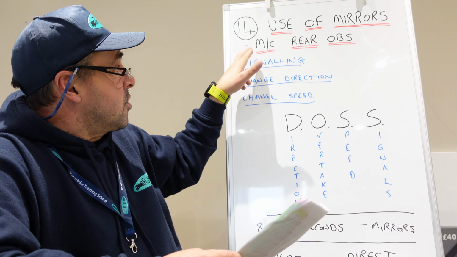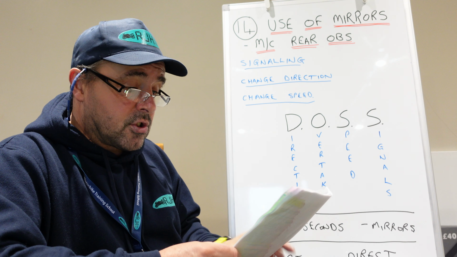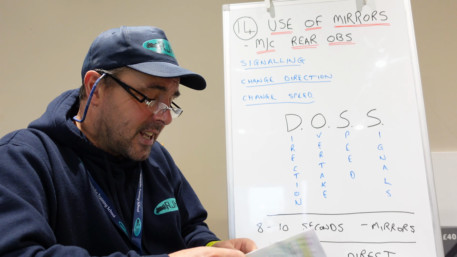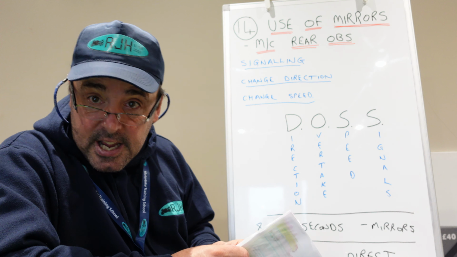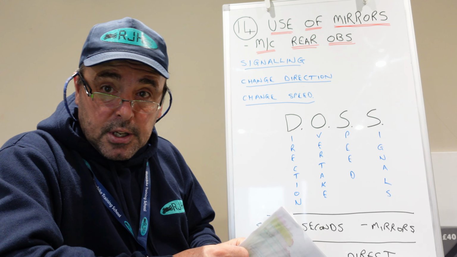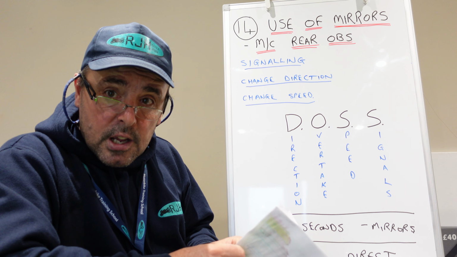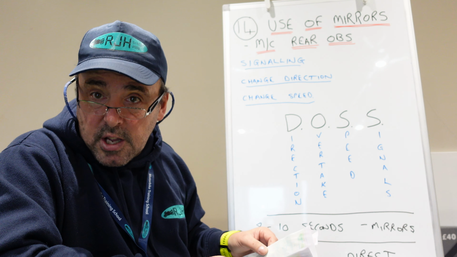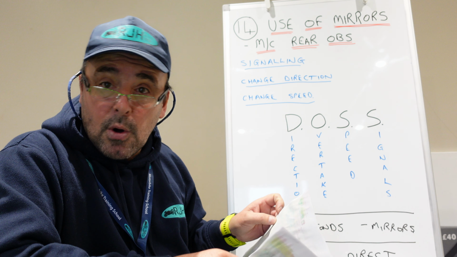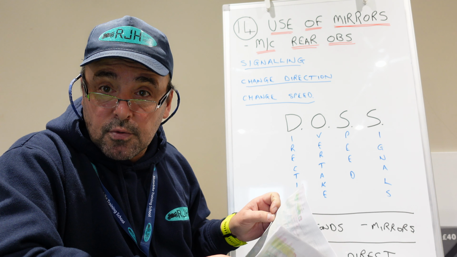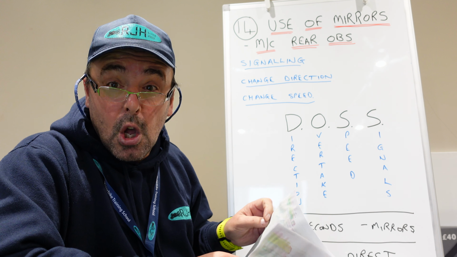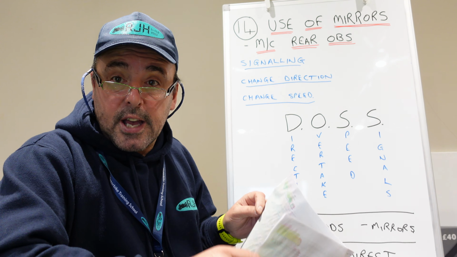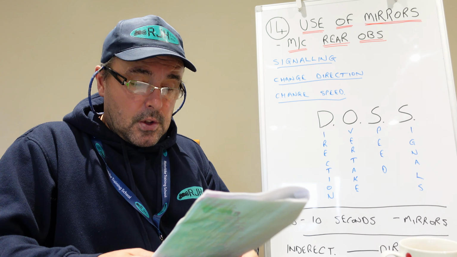Stay tuned to the video because I will be showing you live footage out on the road of myself riding a motorcycle and how I apply the use of mirrors and rear observations, which will help you pass your test.